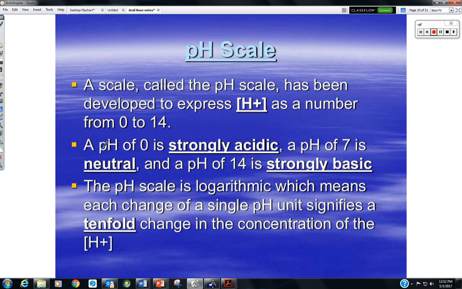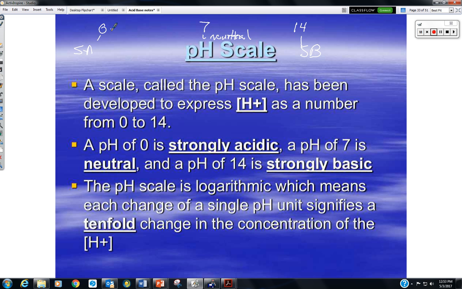Remember that a pH scale is a range from 0 to 14. So we have 0 on one end, we have 14 on the other. Right in the middle, we have 7. 7 is neutral. 0 is a strong acid. 14 is a strong base.